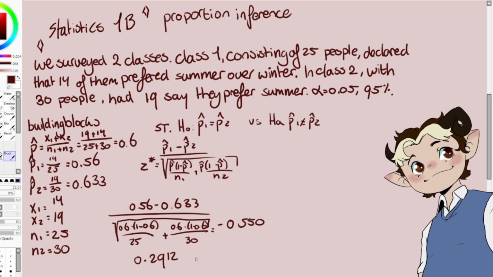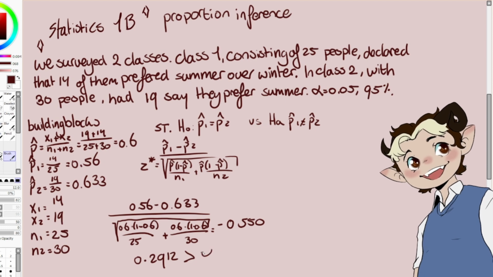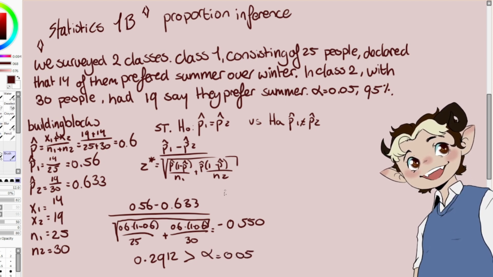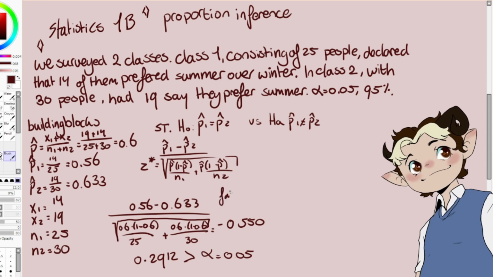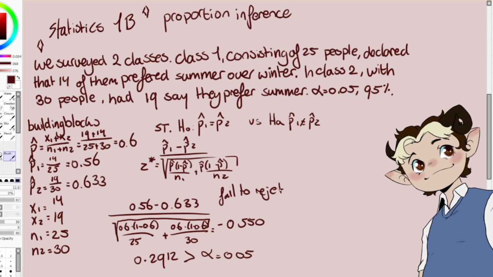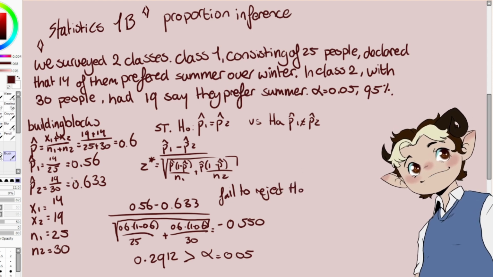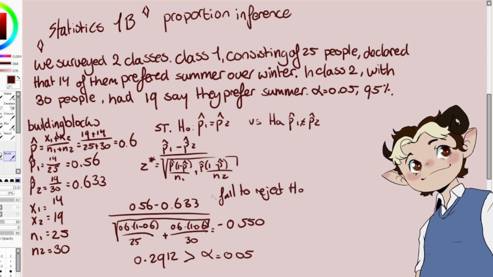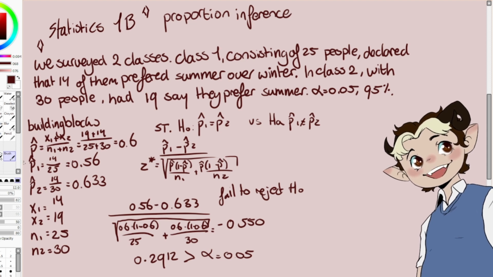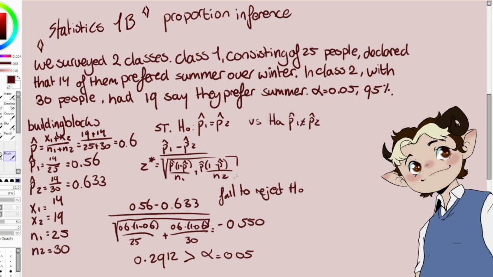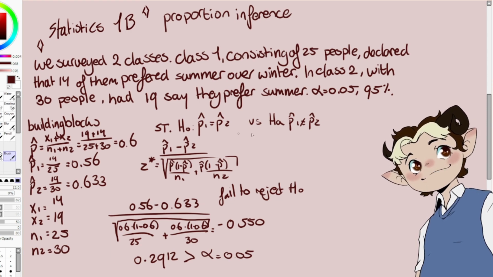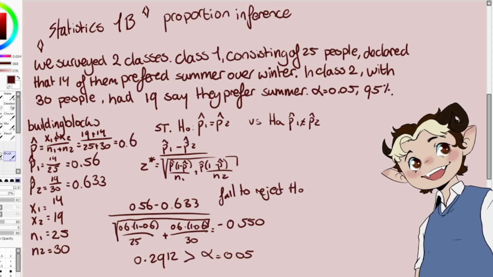This is bigger than our alpha level of 0.05. Therefore, we fail to reject the null. So that's it. Keep in mind that we're using the total proportion instead of the individual proportions in this formula. So yeah, that is about it.